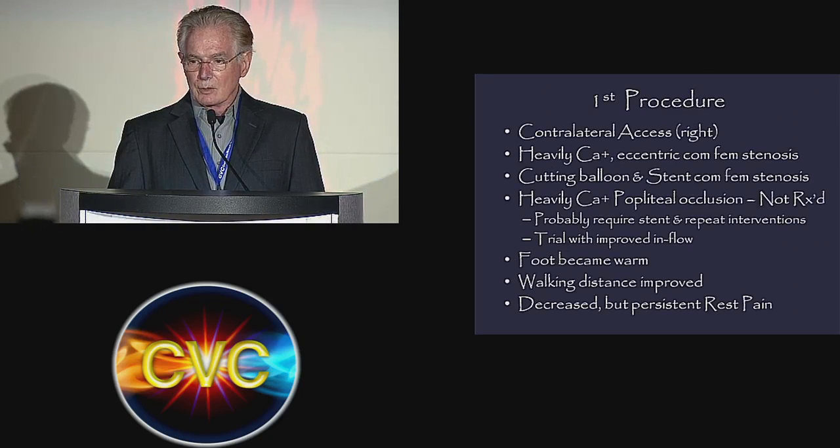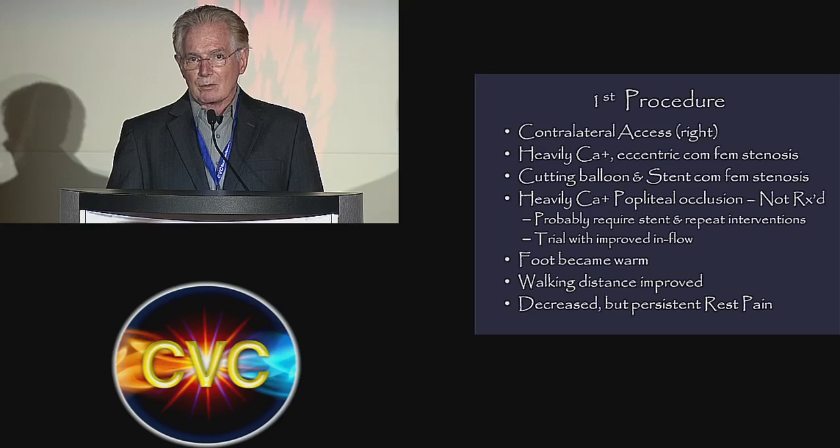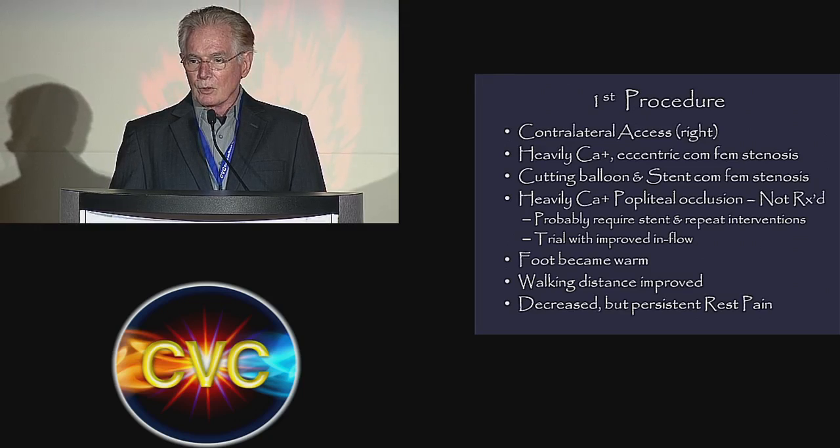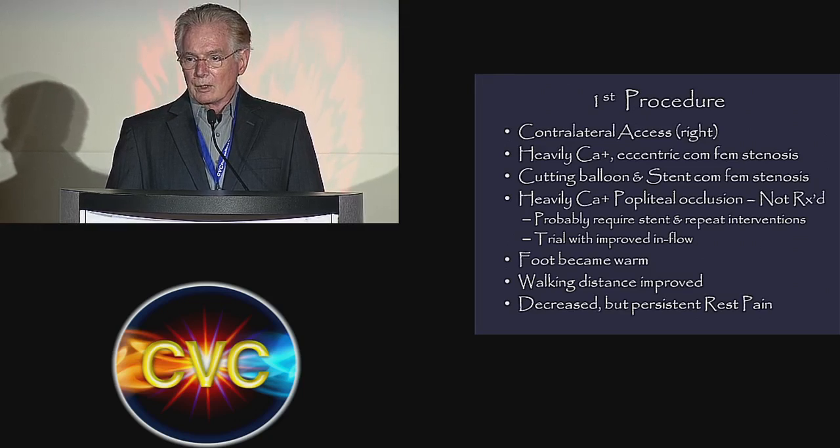His left side was symptomatic. We saw that he had a very large, volume-wise, and heavily calcified eccentric common femoral artery stenosis. I'm a big believer in the cutting balloon, so we cut it and got a somewhat reasonable response, but then stented it.